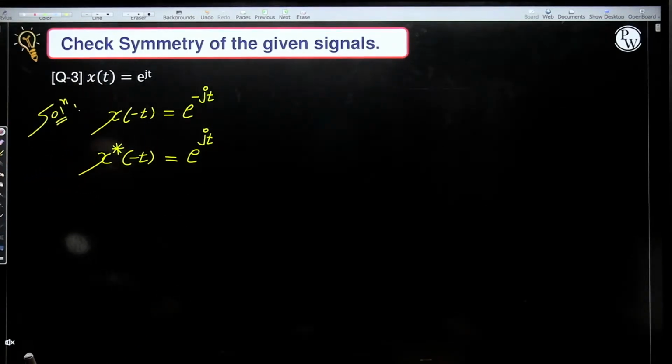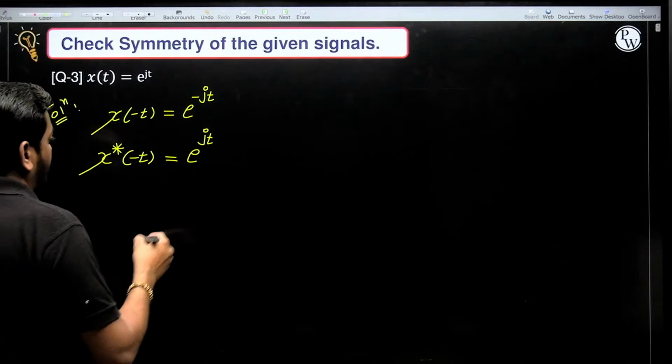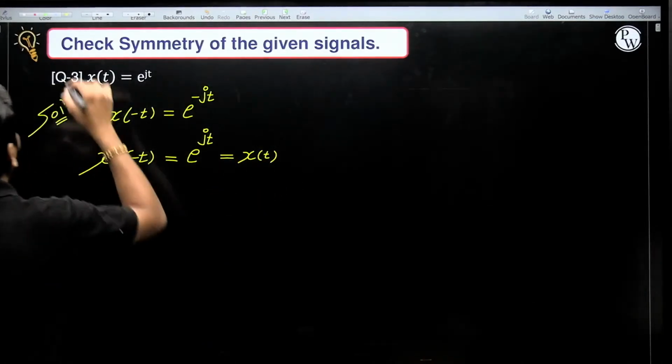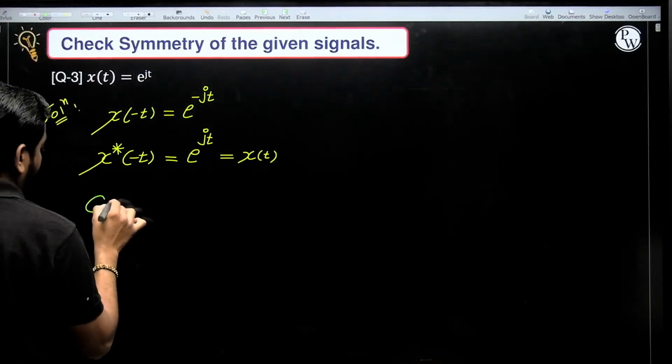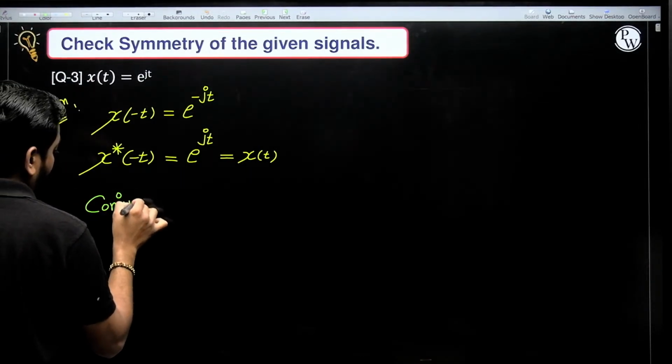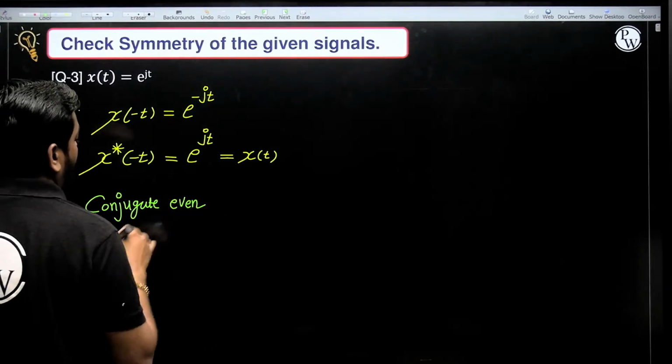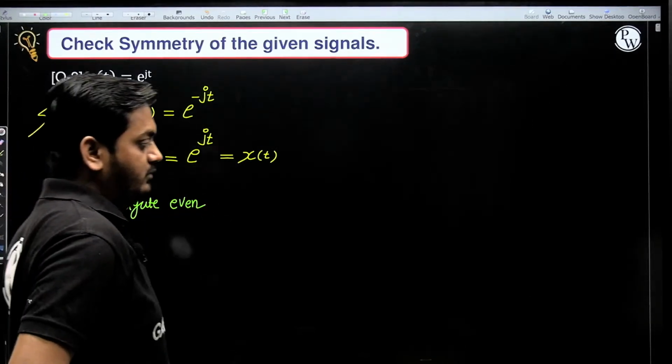So this is the same as x of t. This is a conjugate even, conjugate symmetric signal. Very good.